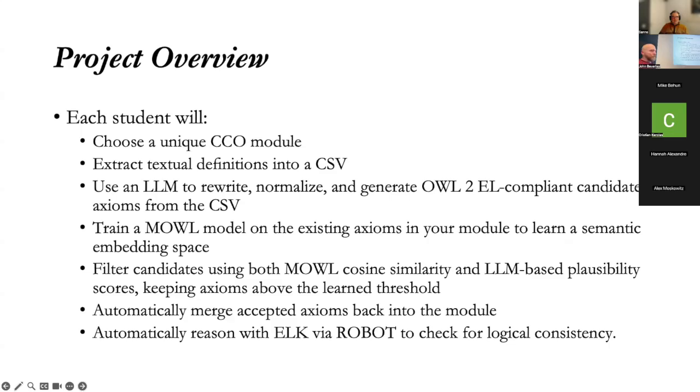Now, in a little more detail, you will choose a module. You will extract textual definitions from that module into a CSV file. You probably already have a script that does that. In a previous exercise, I had you extract definitions from an ontology. You can use the same script.